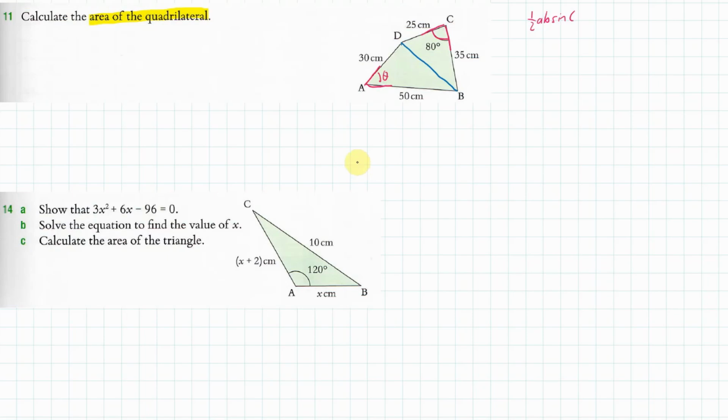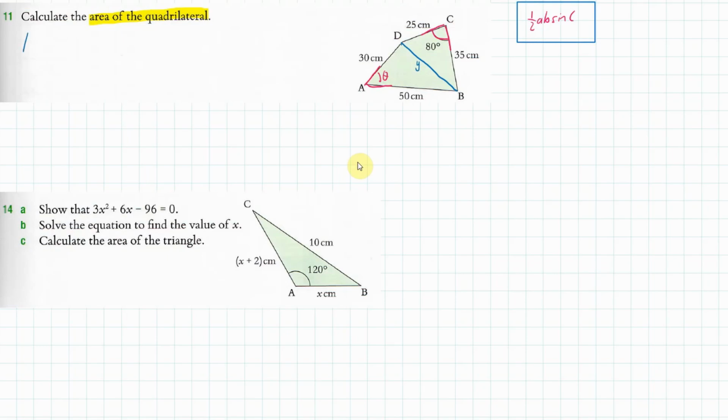So what we're going to do first is we're going to use triangle CDB to find this here, and then once we've got that, we'll be able to find theta, and then we can use half AB sine C to find our area. So we'll go about that now.